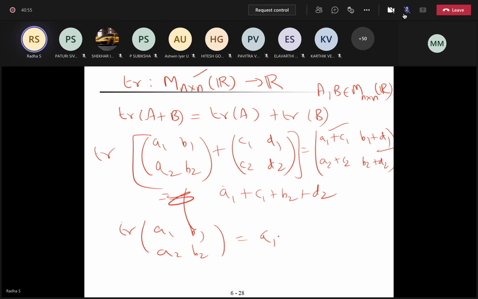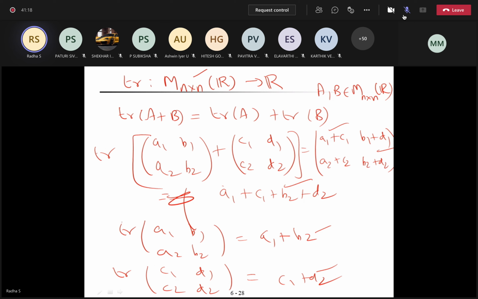Simply, a1 plus d1, and the other one is a2 plus d2. Both are one and the same, right? This is equal to this plus this. Trace of A plus B equals trace of A plus trace of B. So that first property is satisfied.